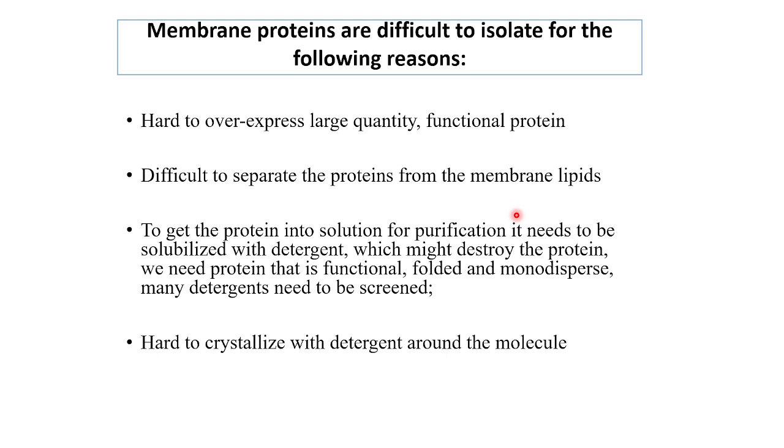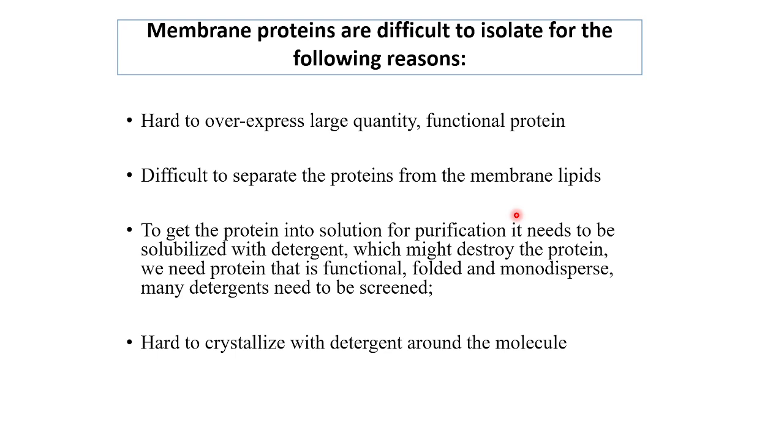Membrane proteins, as I was mentioning, are very difficult to isolate for various reasons. A few of them include that it's very hard to overexpress a large quantity of functional protein. It's difficult to separate the proteins from the membrane lipids, and to get the protein into solution for purification, it needs to be solubilized with a detergent, which might also destroy your protein, because a high amount of detergent is going to affect your protein in a very problematic manner.